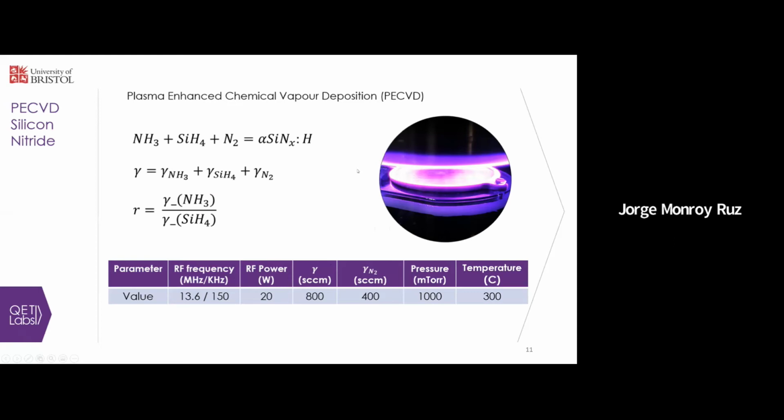Plasma creates particles that form the film. We created films with different stoichiometries by changing the ratio between the silane and ammonia, and measured the autofluorescence of these films.